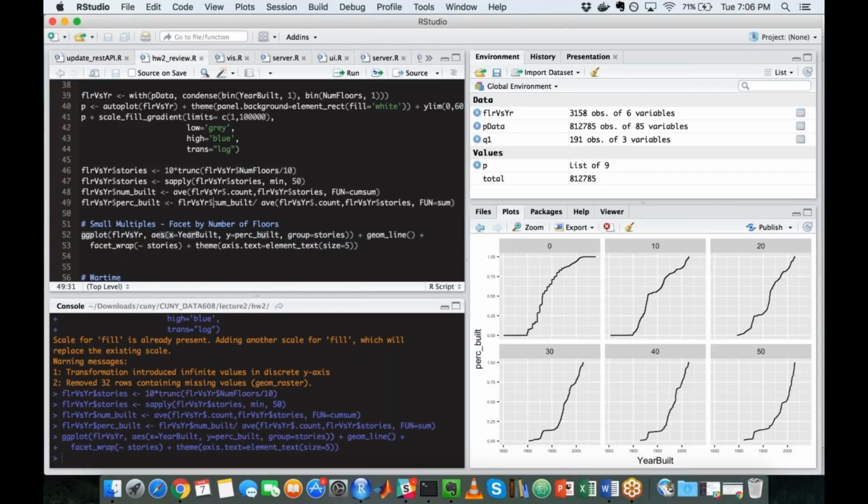Here we're dividing this into these 10-story chunks and using small multiples to get cumulative plots of each of these chunks. Down here is going to be where the first few buildings are, and we're finding out what these distributions look like.